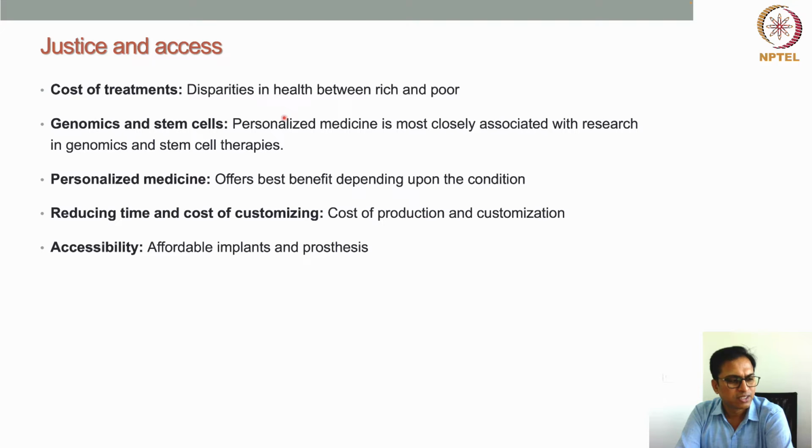Can they access this technology, and will they have the money or funds to support the treatment or pay their bills? Disparities in health between rich and poor can be widened with new, personalized technology like bioprinting.